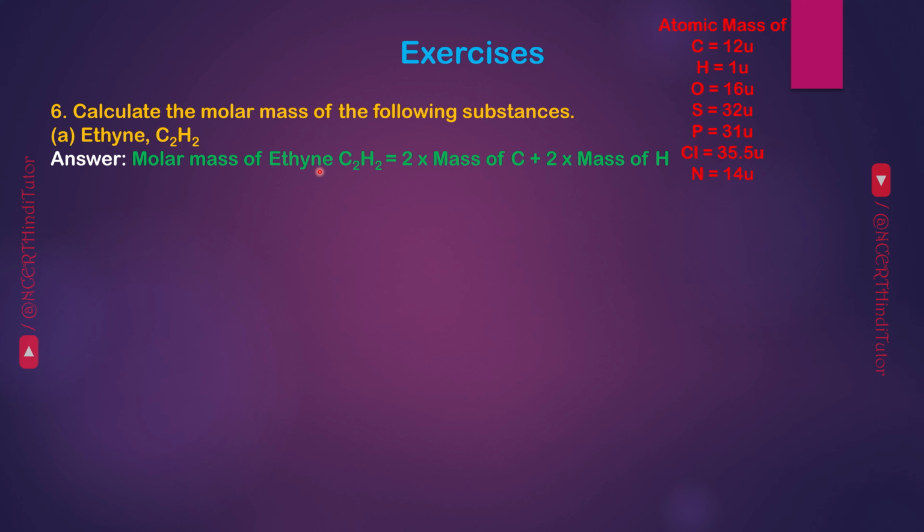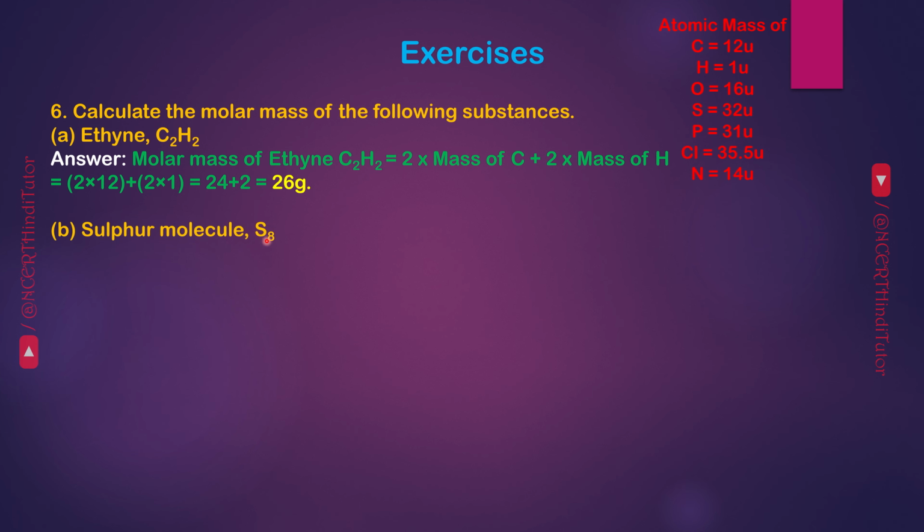Molar mass of ethylene C2H2 is equal to 2 into mass of carbon plus 2 into mass of hydrogen. We know mass of carbon is 12 unit and that of hydrogen is 1 unit, and there are 2 atoms of carbon and 2 atoms of hydrogen. So 2 into 12 plus 2 into 1 is equal to 24 plus 2 is equal to 26 gram.